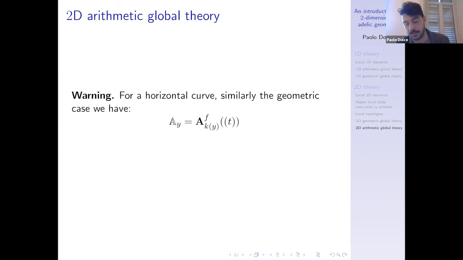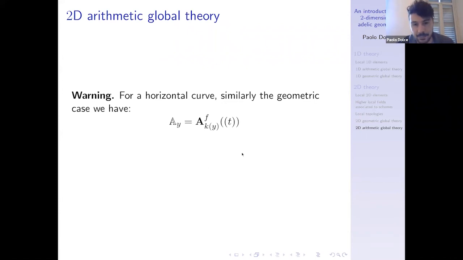Now we want again to construct adeles by a double restricted product. Ideally, we would do the same process we did for surfaces: we do the first restricted product by fixing a curve, and then by letting the curve vary. But here there is the first obstruction.